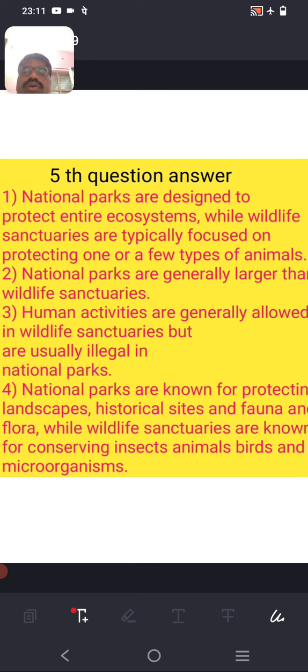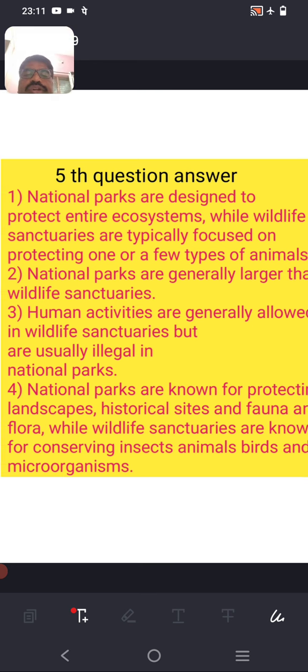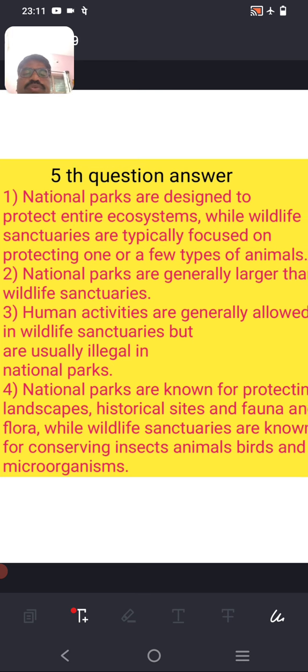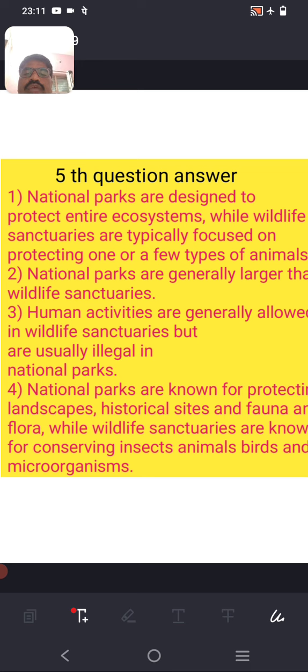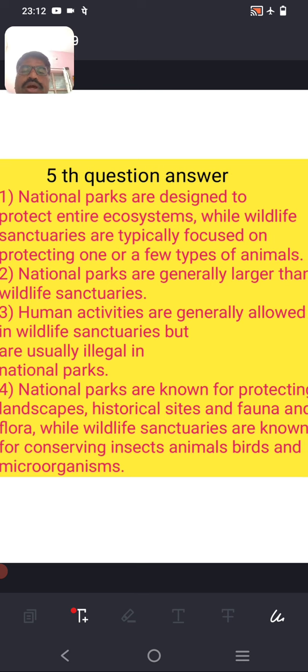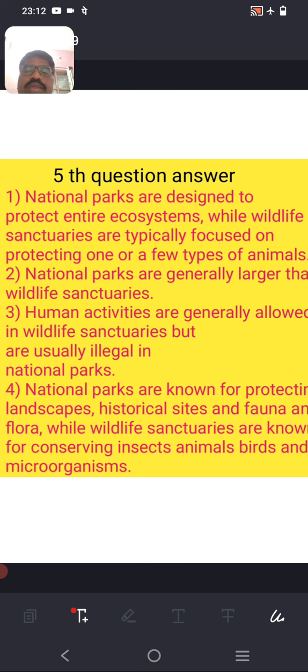The first difference is national parks are designed to protect entire ecosystems, while wildlife sanctuaries are typically focused on protecting one or a few types of animals.